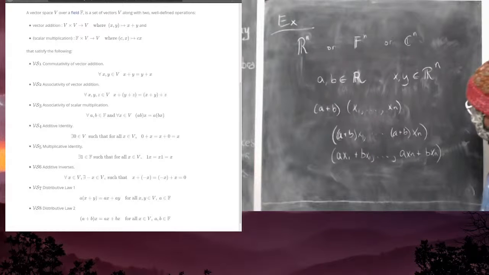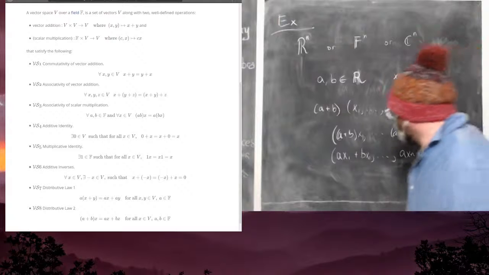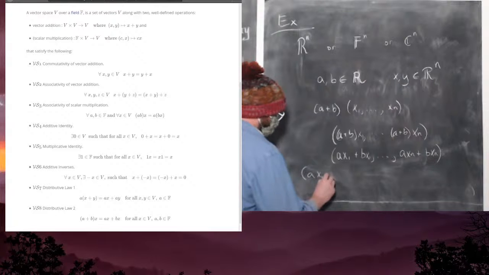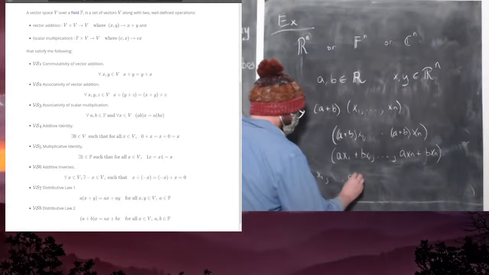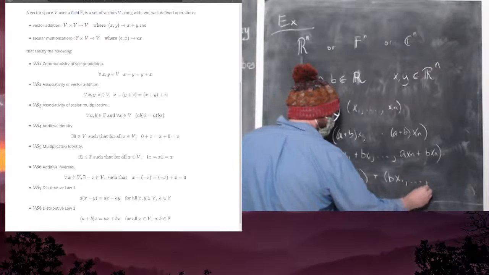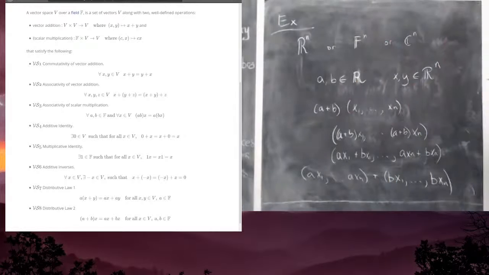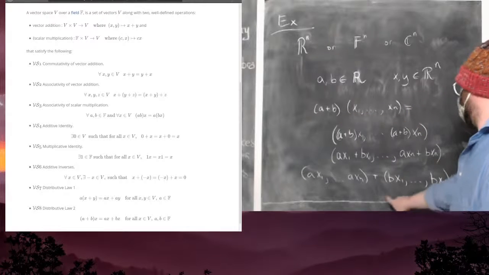And now if we're clever, we'll remember how we defined addition for these, and we'll just undo this addition component-wise, and we'll get a x1 through a xn plus b x1 through b xn, which is precisely, right, we need to show that this is equal to, well, what is this?